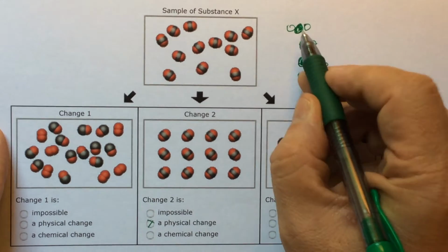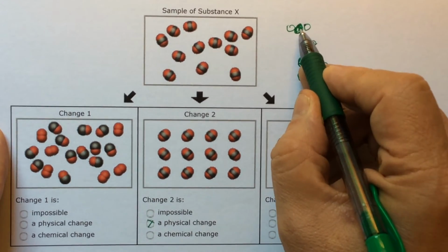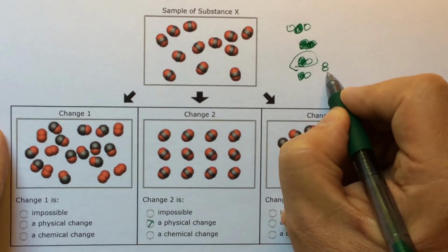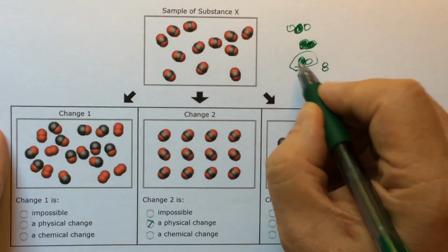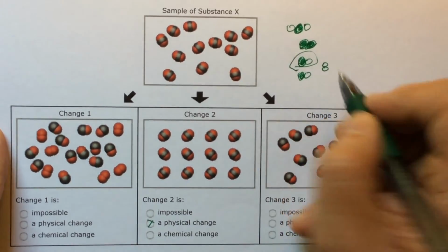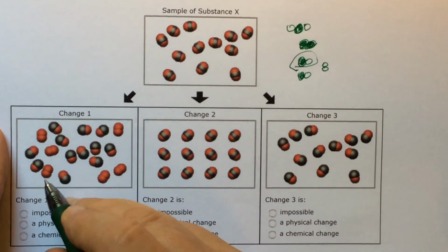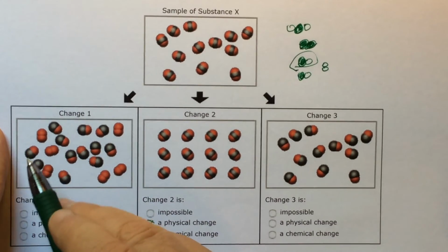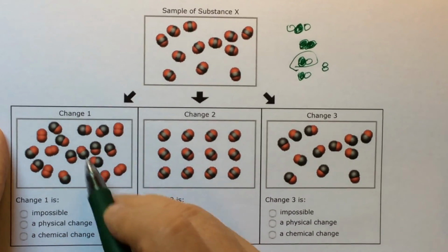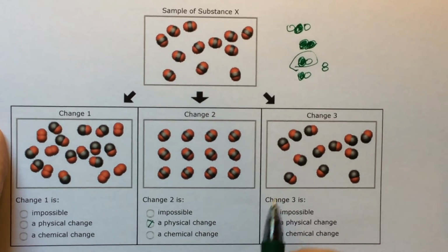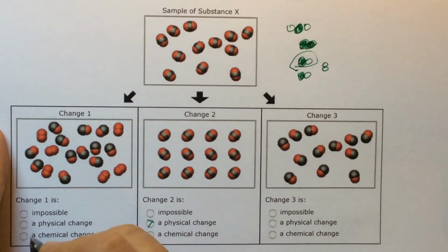There's 12 of these, so there would be 12 of these, and then there would be 6 of these because that'd be half. I'd need to steal one from every two and make its own. So do I have 6 reds? 1, 2, 3, 4, 5, 6. That's good. Do I have 12 of the others? 1, 2, 3, 4, 5, 6, 7, 8, 9. Yeah, so that is possible. I could break it apart that way, but it's something new, so that's a chemical change.